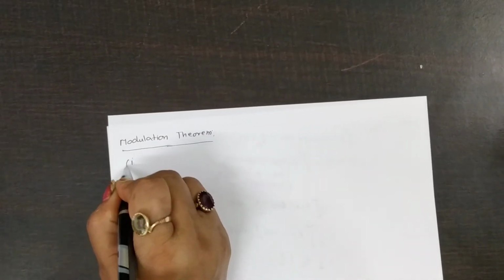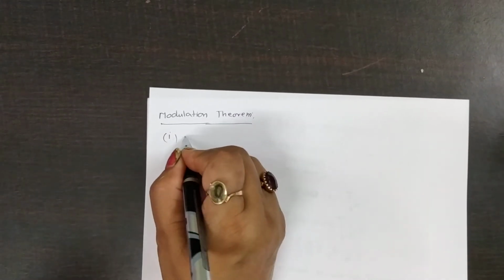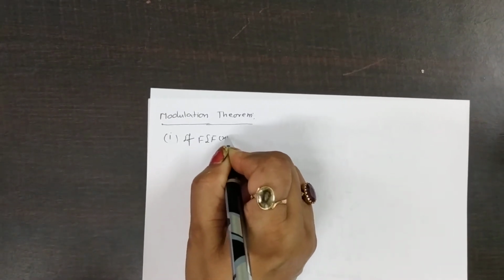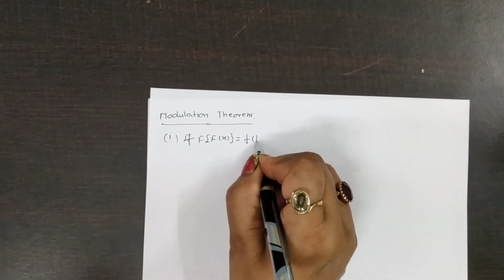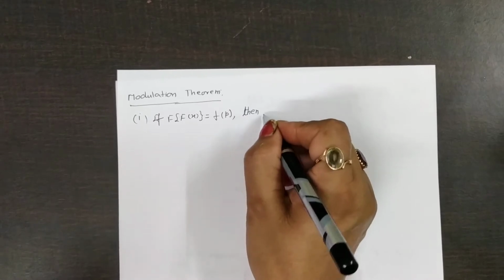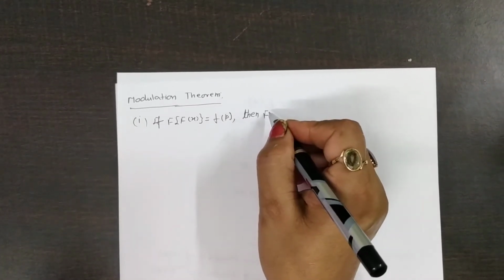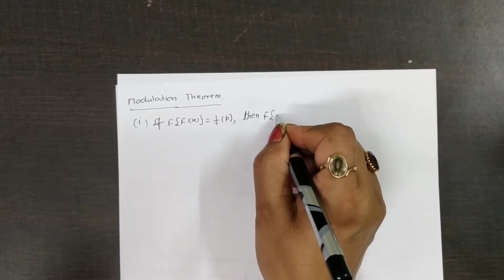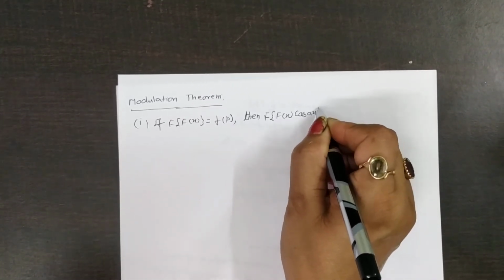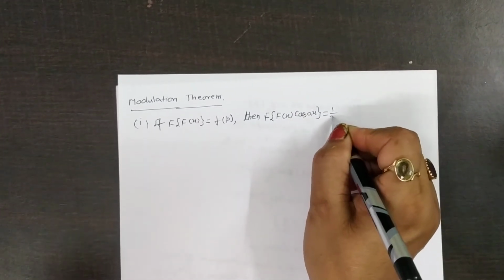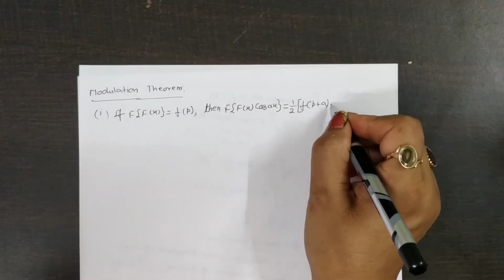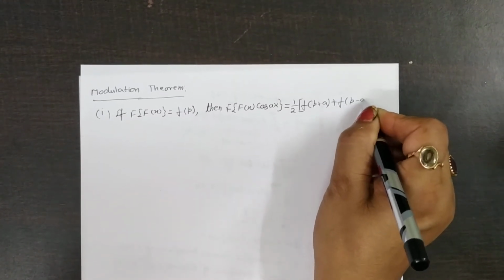The first one is: if the Fourier transform of f(x) is F(p), then the Fourier transform of f(x) cos ax is equal to 1 by 2 times F(p plus a) plus F(p minus a).